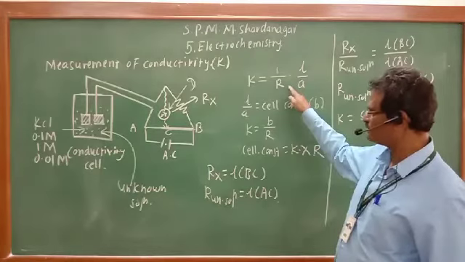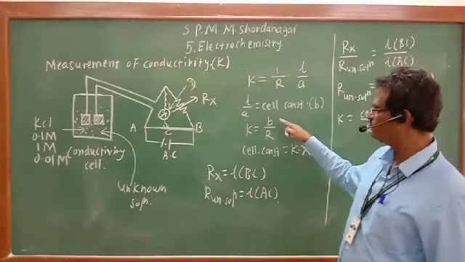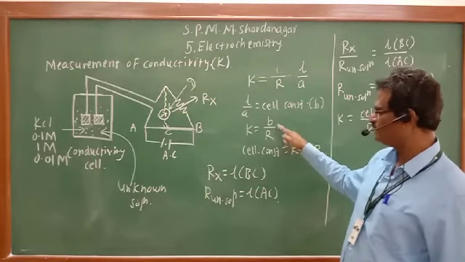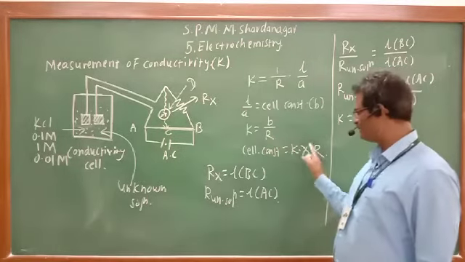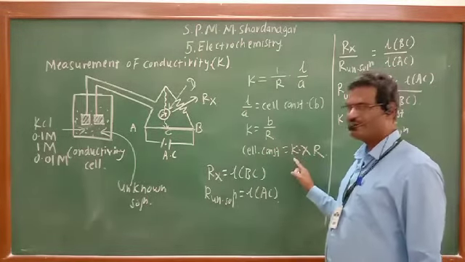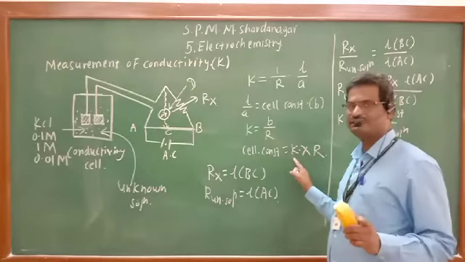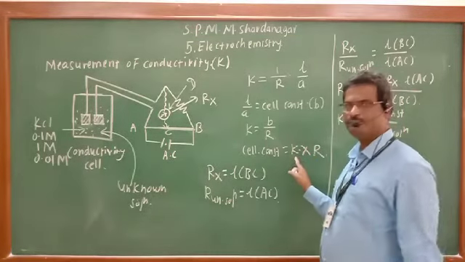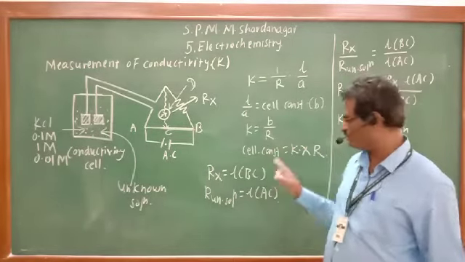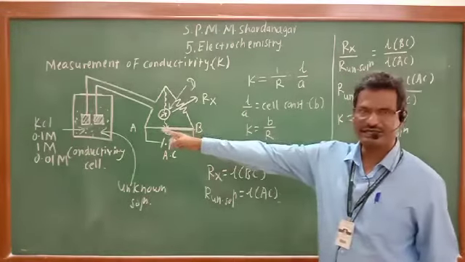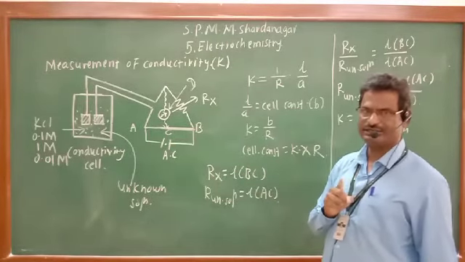So from this equation, K is equal to cell constant upon R. So cell constant is equal to K into R. In order to calculate the cell constant, KCl solution is taken.